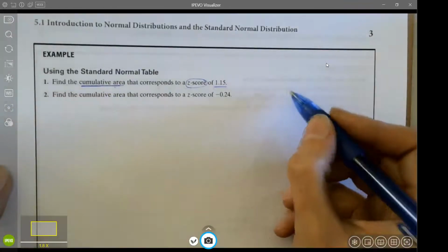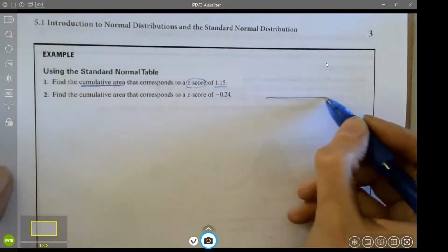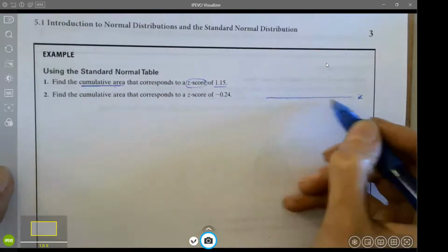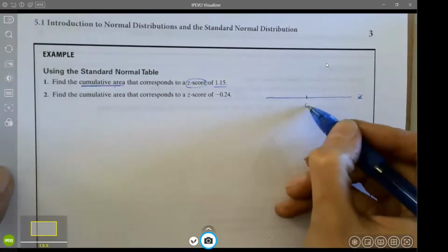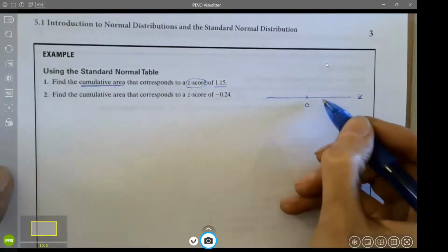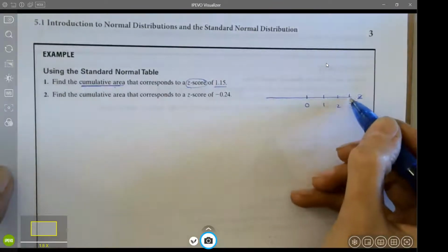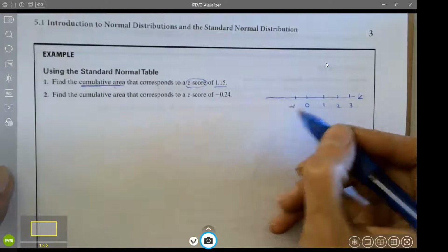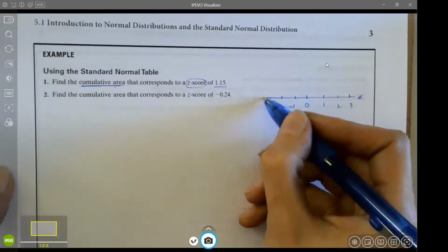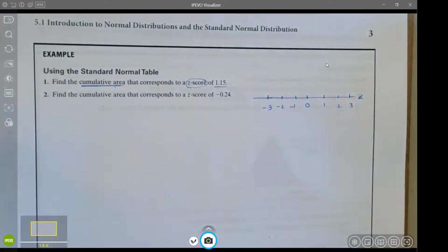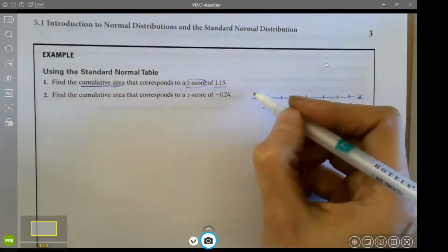Take a look at the graph. Here you have your z. All z values are going to be on the horizontal axis: 0, 1, 2, 3. On the left-hand side, -1, -2, -3. And here we have our bell-shaped graph.